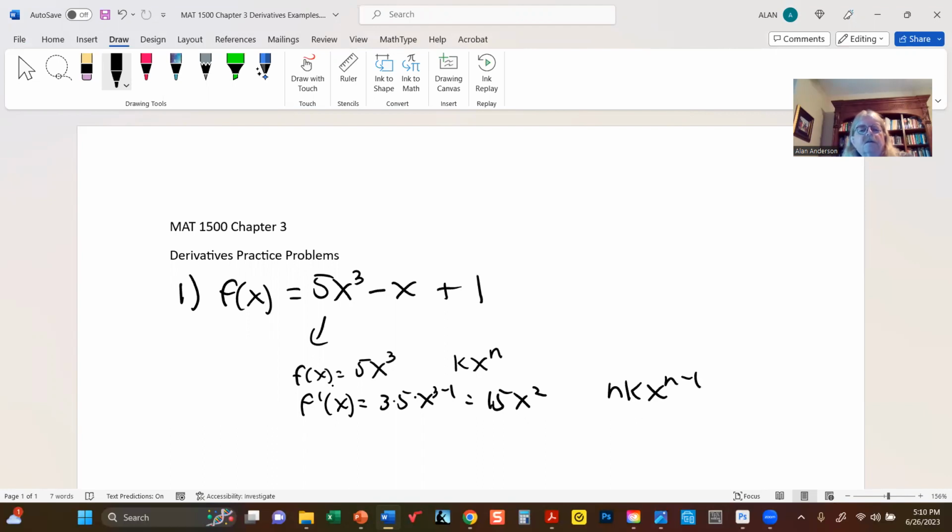In other words, you always start by multiplying the 3 by the constant and the x, and then you lower the exponent by 1. Now that's for the 5x cubed.